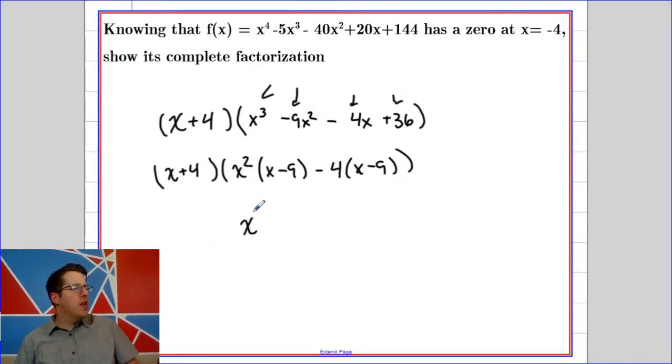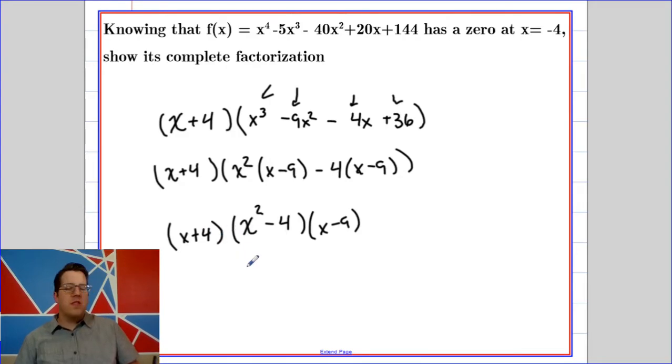We're going to take the multiplier in front of each one of these same binomials, and we're going to make them into their own binomial. Then we're just going to see if we can factor any more, and in fact this factors because it's a difference of squares.